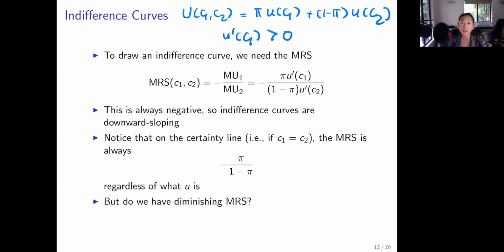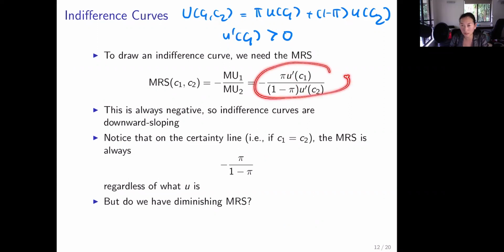Think of it that way. Since all of these are positive, and you multiply by a negative, this is a negative slope. So the indifference curve of this expected utility function is downward sloping, and the slope is equal to the whole thing.